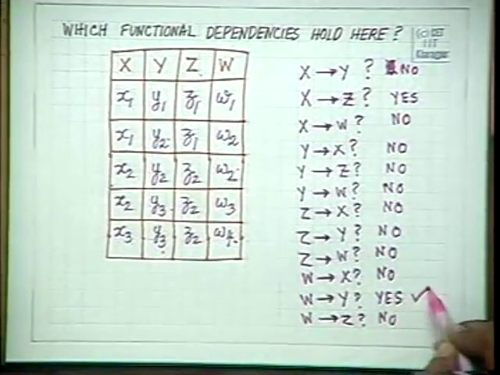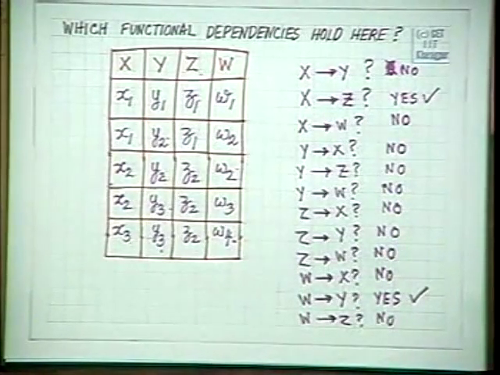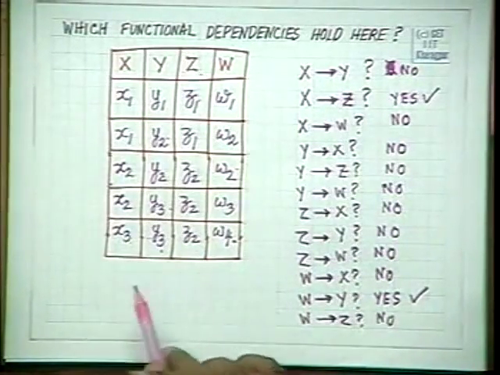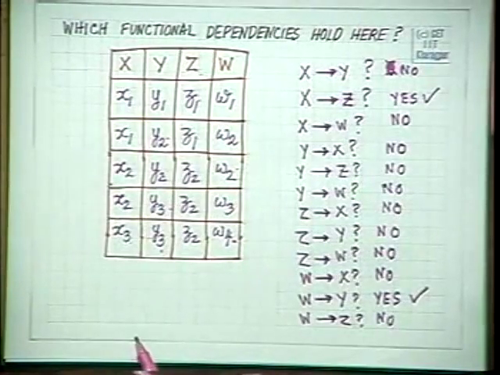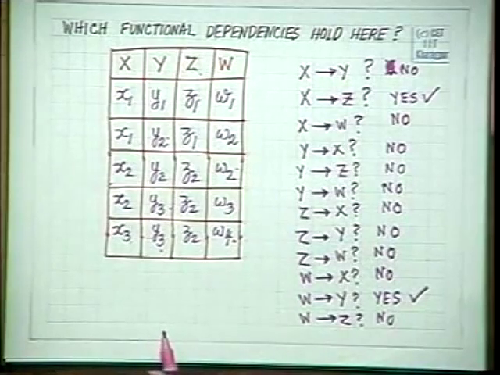So when we look at single attributes, we've got only two which hold. But when we look at them together, do we get anything else? Does x and y give anything?